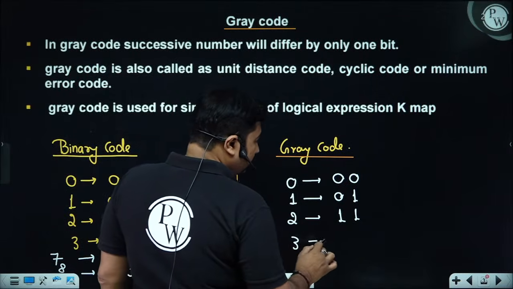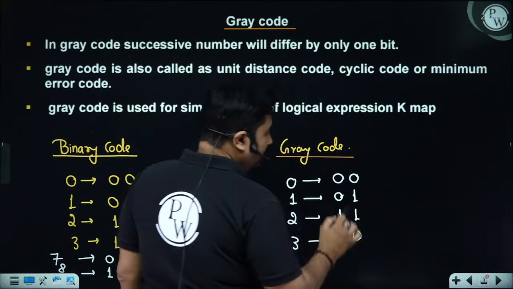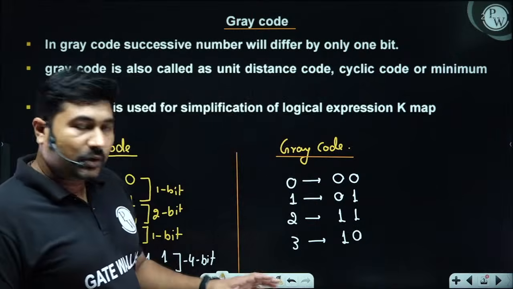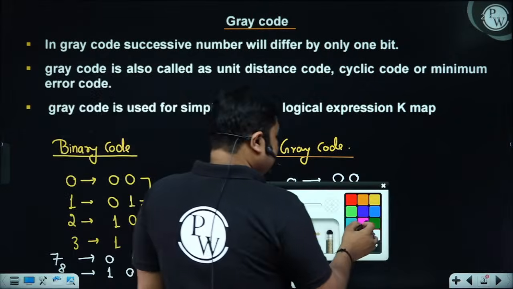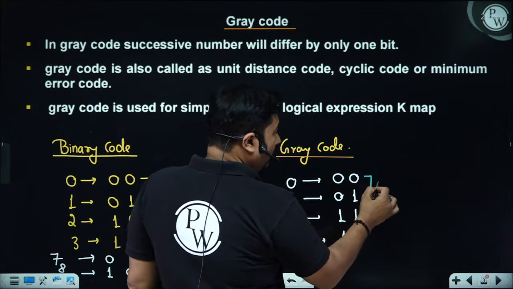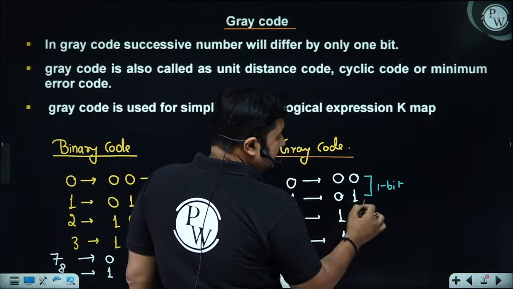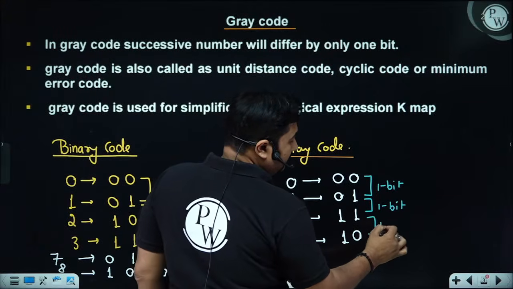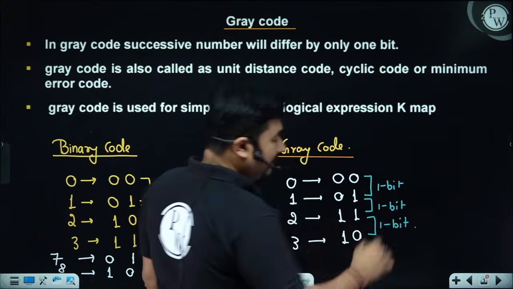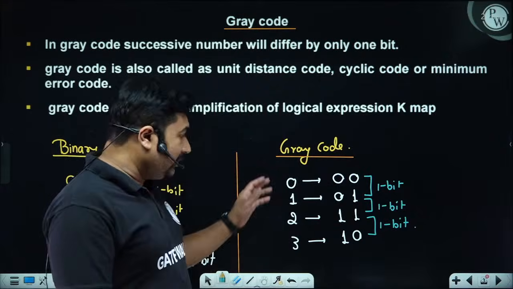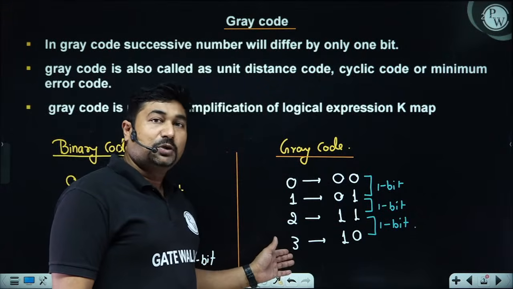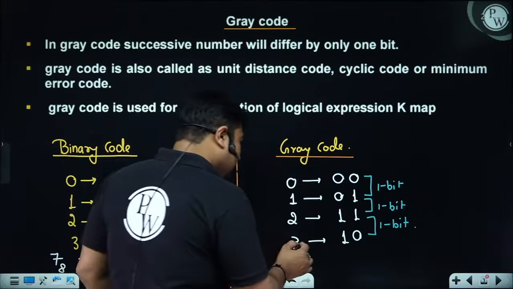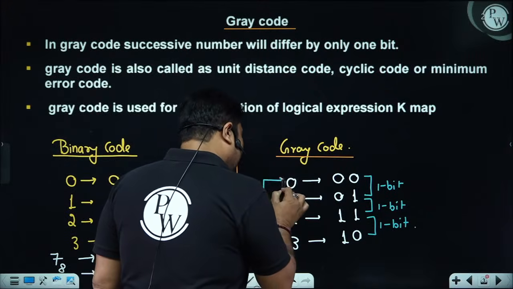And gray code of 3 is 1 0. So in gray code, each successive number differs by only 1 bit. And for the largest number for 2 bits, which is 3, 3 and 0 also differ by only 1 bit.